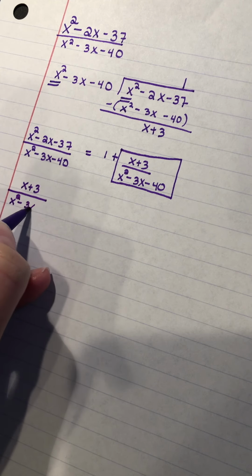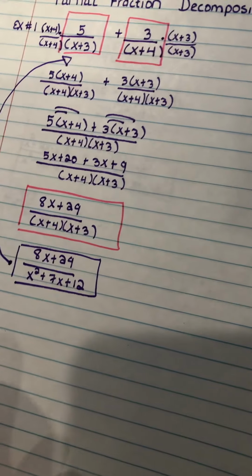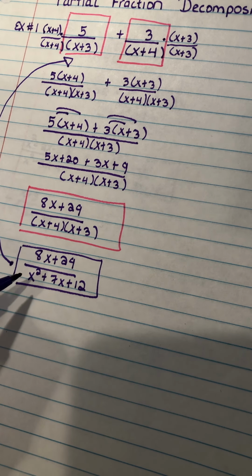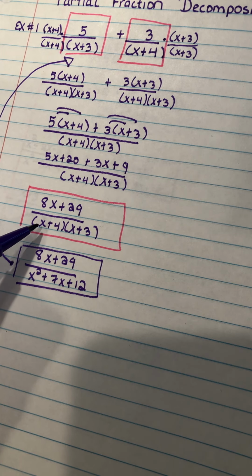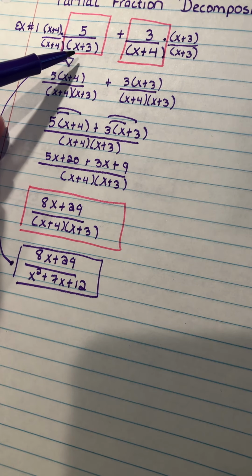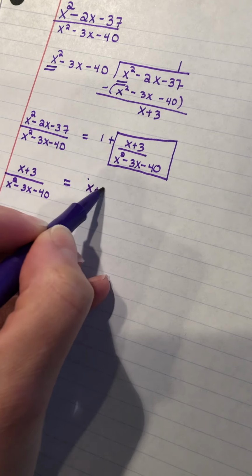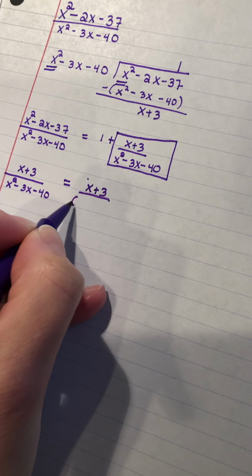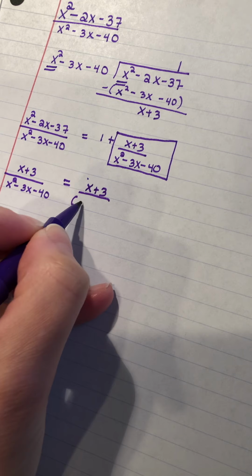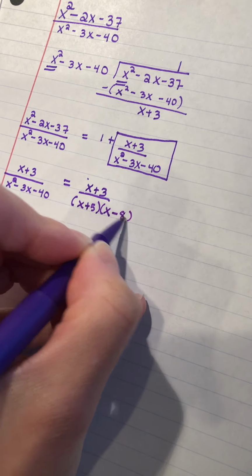I'm going to use my last example to help. What we noticed in the last example was that in the step before, the denominator was factored, and those factors were useful because each number was over a factor. So I'm going to take my denominator and factor it. So x squared minus 3x minus 40, how does that factor? That's going to be x plus 5 times the quantity x minus 8.